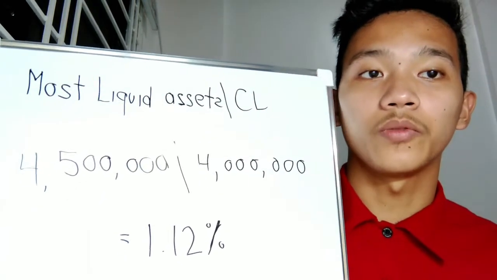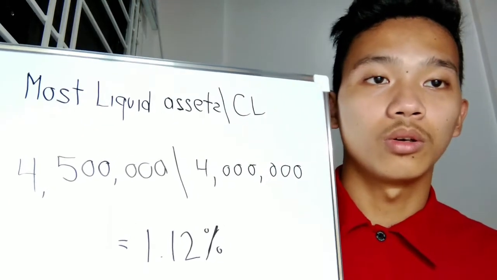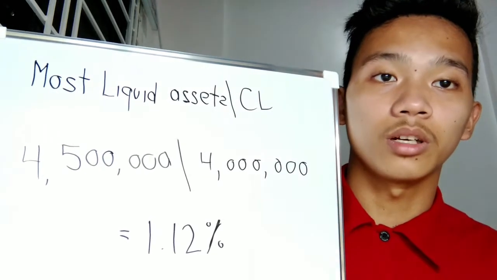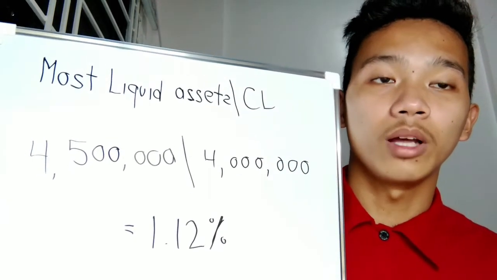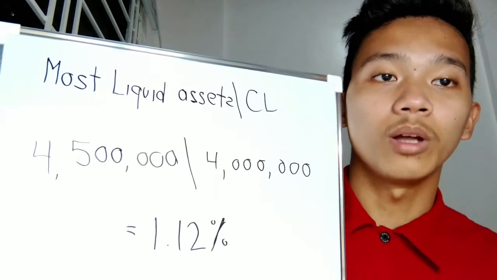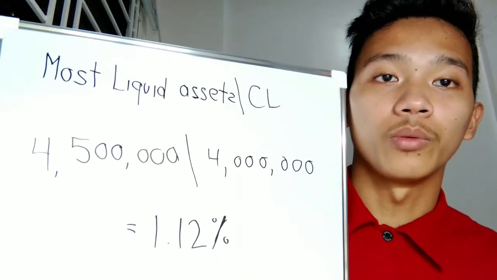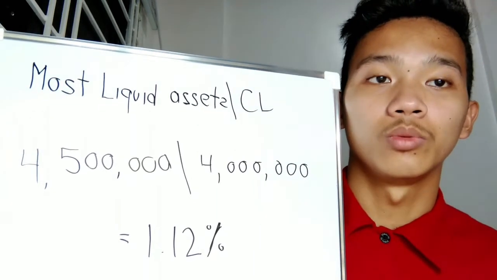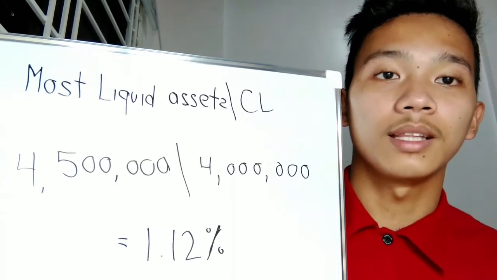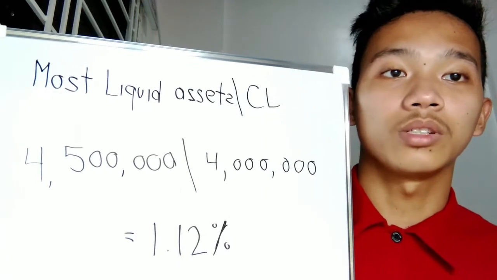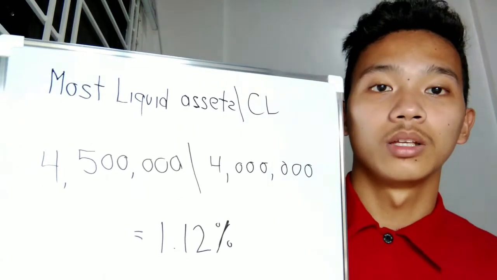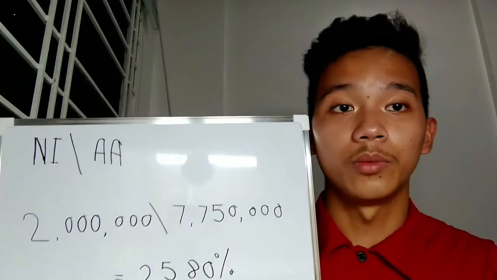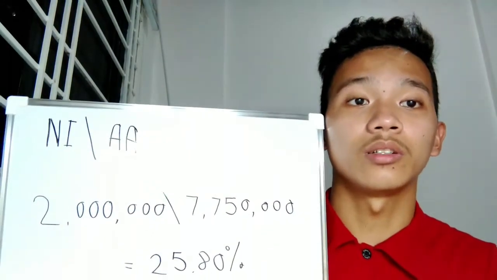So we get the answer of 1.12, which only means that for every 1 peso of the company's current liabilities, they have 1 peso and 12 centavos from its most liquid asset to cover its current liability. It says that the company is solvent because it has the ability to pay its liabilities when they're due.